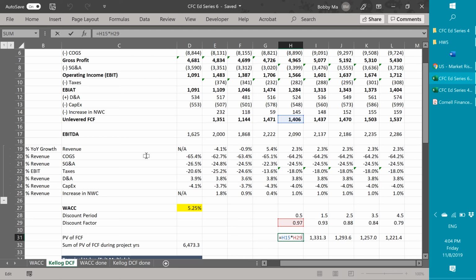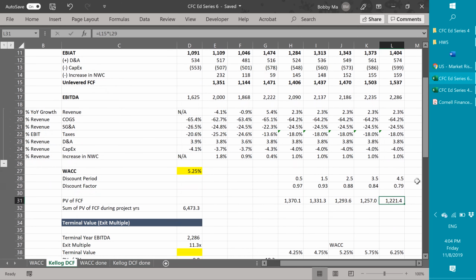All right, cool. So we essentially replicate that for each of these years. As you can see, the discount factor gets less and less, which means that each dollar here is worth way less than some earlier year because of discounting of your cash flows.